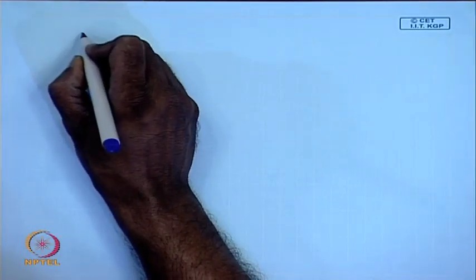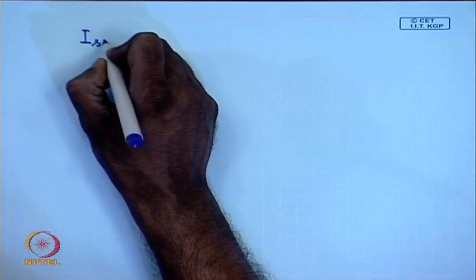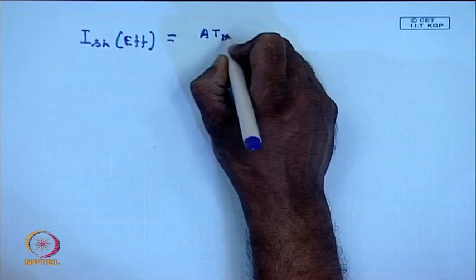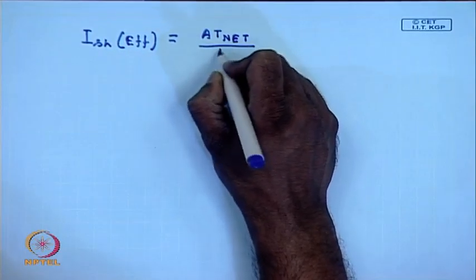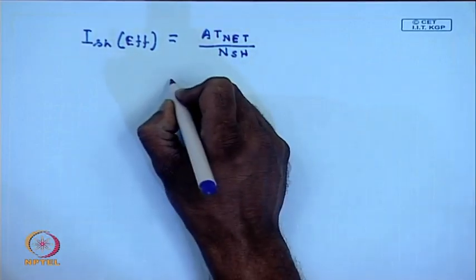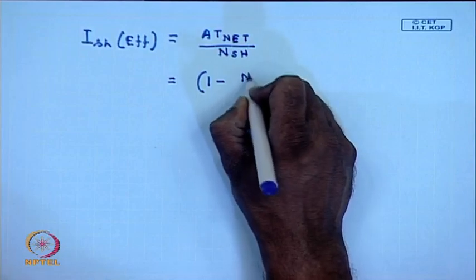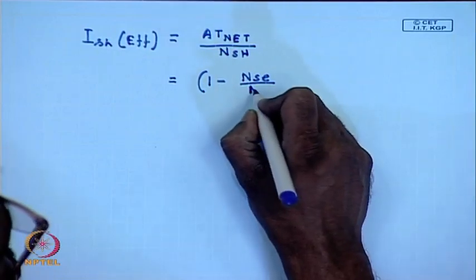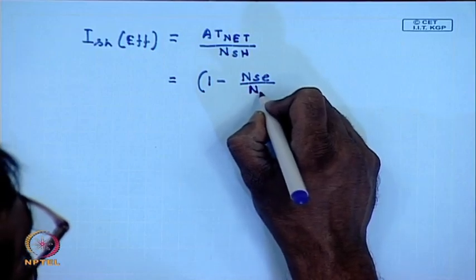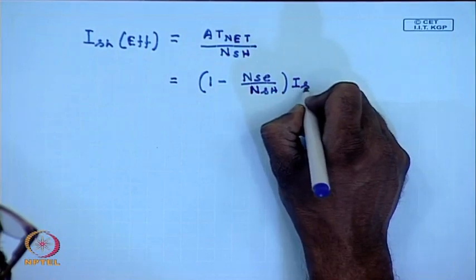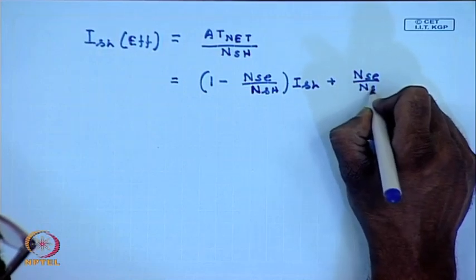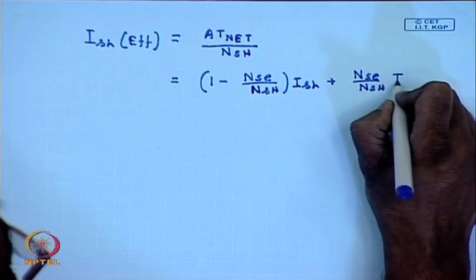So, we can define an effective field current for this, ISH effective, to be equal to AT net by NSH, and this will be given by (1 minus NSE by NSH) ISH plus NSE by NSH IA.